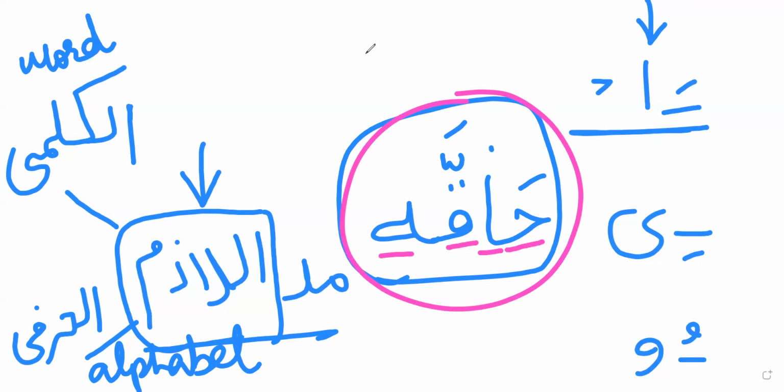So what does it mean when I say al-mad al-lazim al-kalimi? It means that the mad al-lazim, lazim tells you that the sukoon was an integral part, and kalimi means it was the bestie couple, and the sukoon which was right next to it were both in a word.